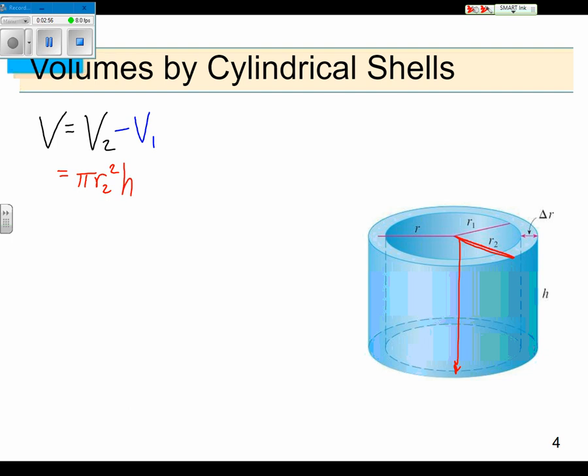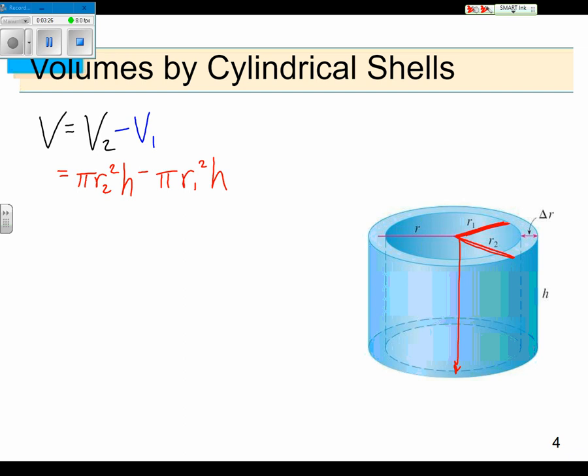So I still have the pi r squared h that I had with a right circular cylinder. And so I'm going to subtract off from that V1, that's my inside part, the core of my toilet paper right here. It's got a radius of R1 right there. Using the same formula, it has the same height, it's still pi because we're dealing with a circle. That would be how I would find that volume.